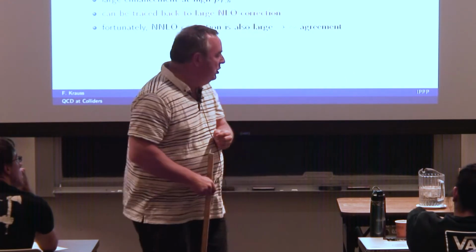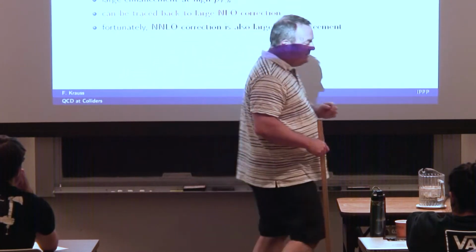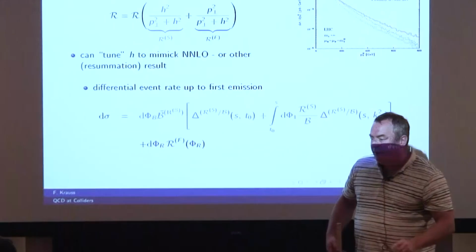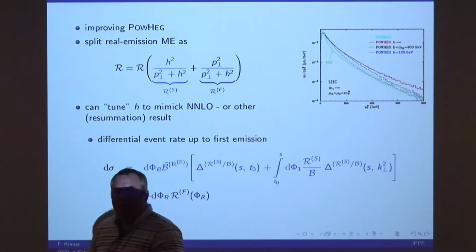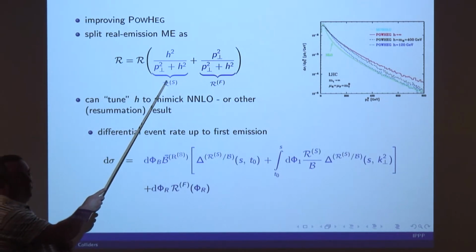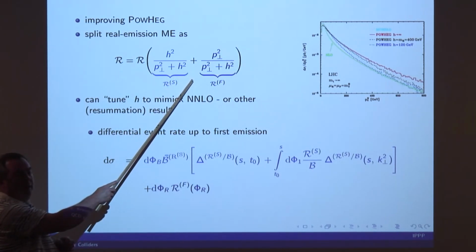Yep. So the logic is the following. You divide the phase space into two parts. You divide it into a part that you call soft, and you say, well, if it's soft, then it isn't an extra jet or so, and I can then apply my K factor as before. And if it's hard, I don't apply a K factor.